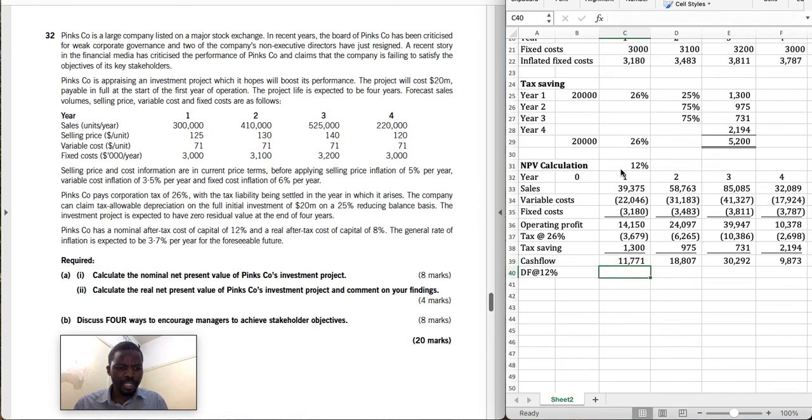Then for year 1, we will say 1 divided by bracket 1 plus 12% to the power 1. That is for the first year.